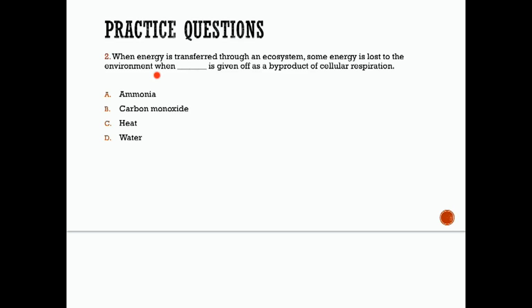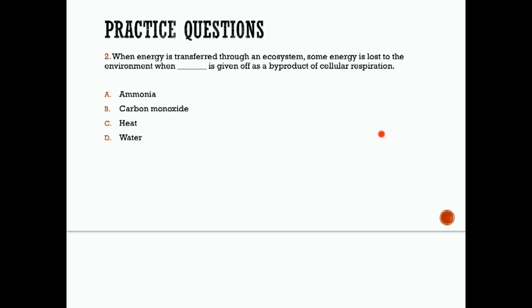So you might pause this, look at your choices, and think it over. When high energy bonds that are present in food molecules are broken down during respiration, remember, energy is released and can be used to fuel biological processes. However, the conversion is not perfect, and some of the energy is lost to the environment as heat.